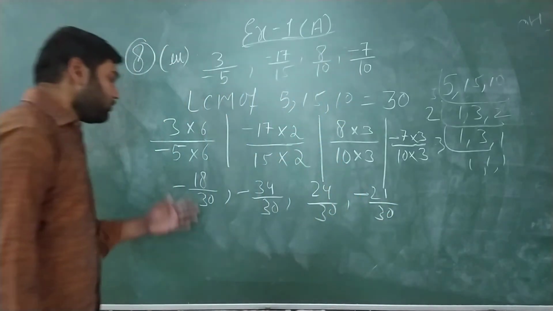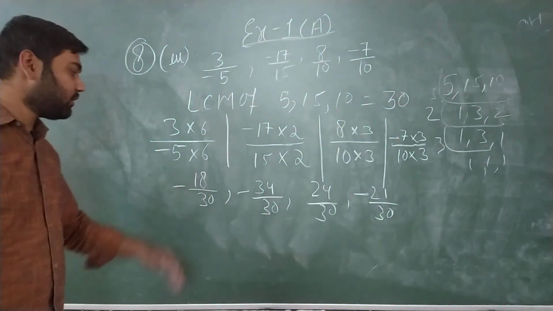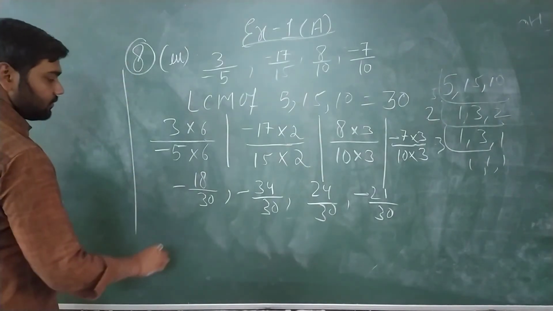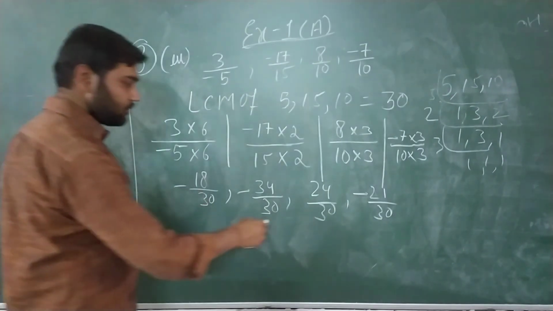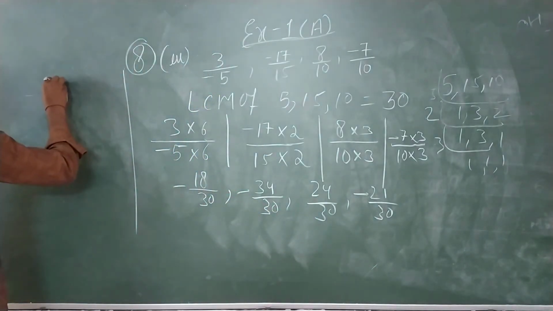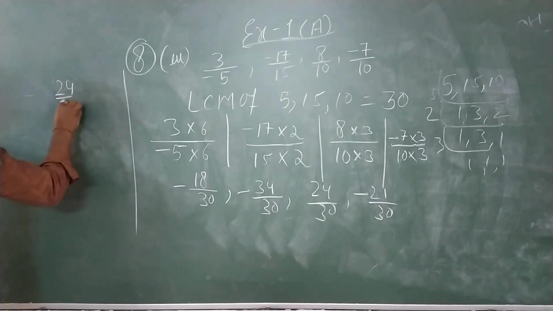Okay, now we have to arrange it in descending order. So how will we arrange? From bigger to smaller. The largest value is 24 upon 30.